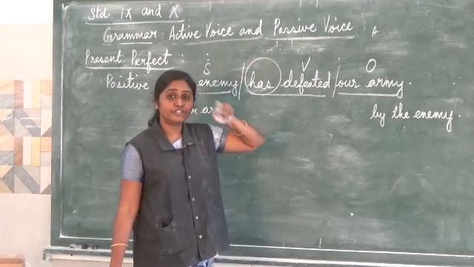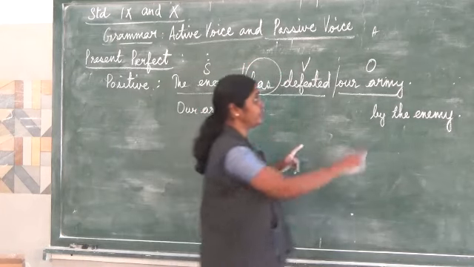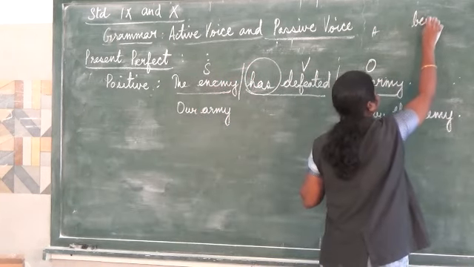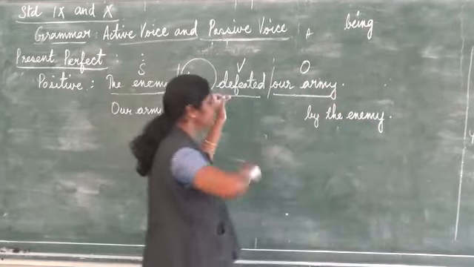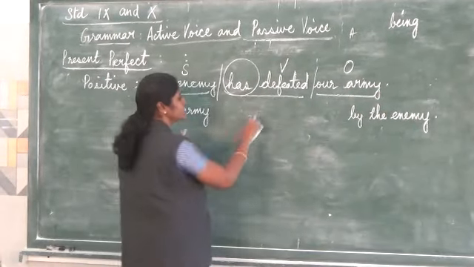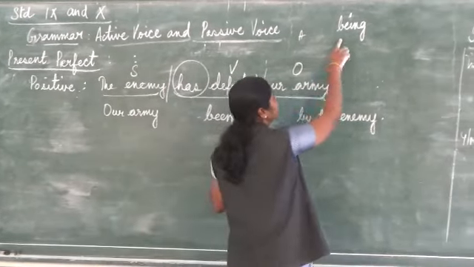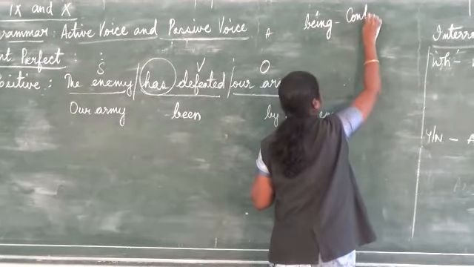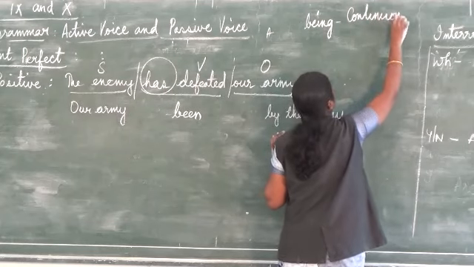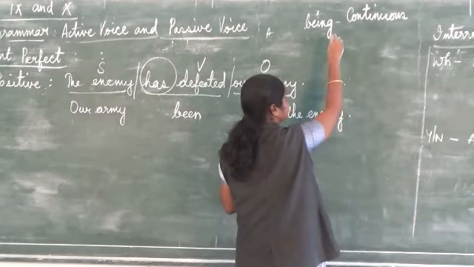So now has defeated. See, for continuous tense I told you one important word you have to use is being. In the same way for perfect tense one important word you have to use is been. This being is for continuous tense, whether it is present continuous or past continuous you have to use this being in a passive form.